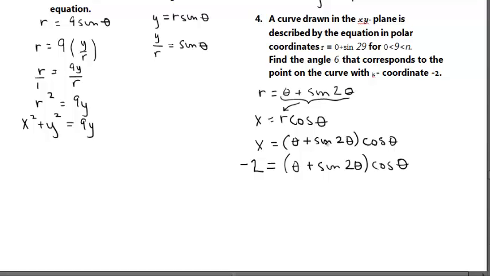For us to find the angle theta, all we're going to have to do is type this into y1, just the way you see it. Graph y equals -2, that horizontal line at -2, and find the intersection on the restricted interval from 0 to pi. So this is a calculator question.